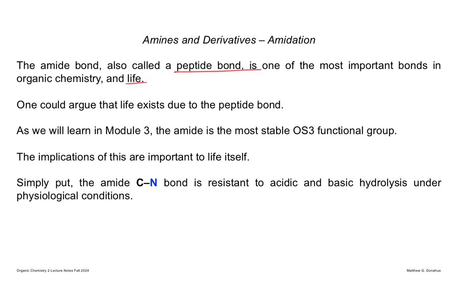The other important thing about amides, so I'll just say R1, R2, R3, is that they're pretty resistant to hydrolysis. So that means you would form, say, that carboxylate plus the ammonium salt.